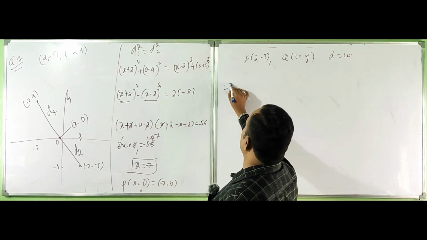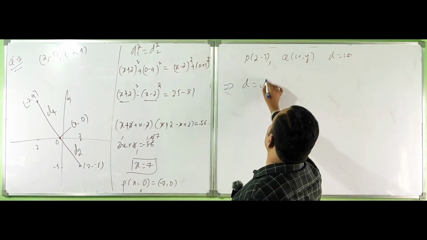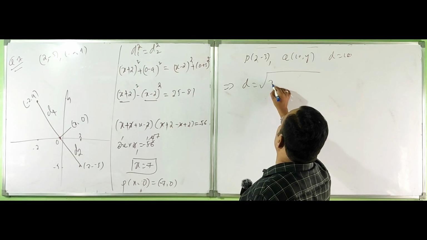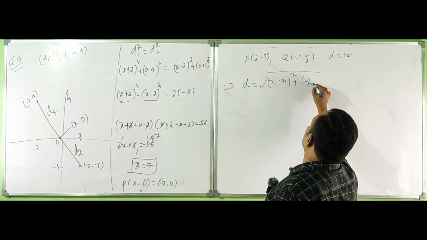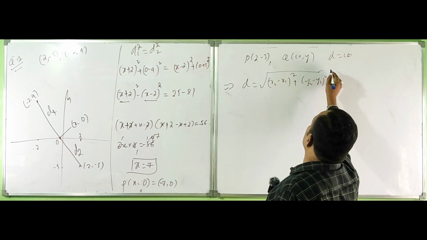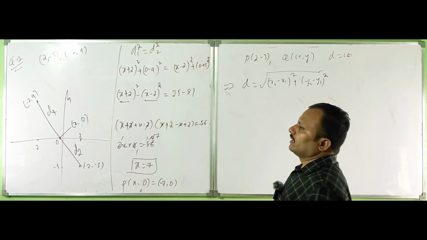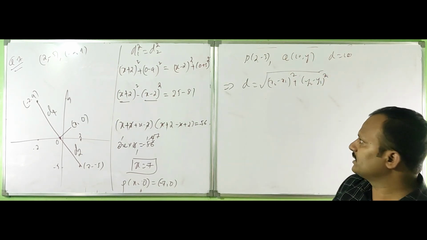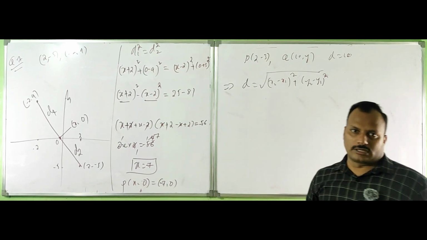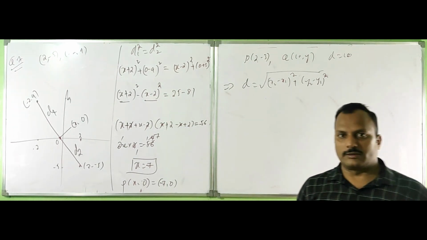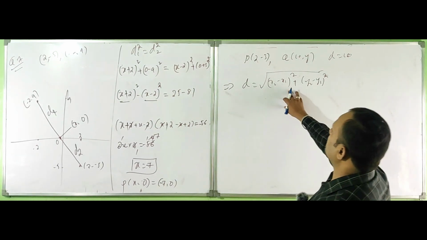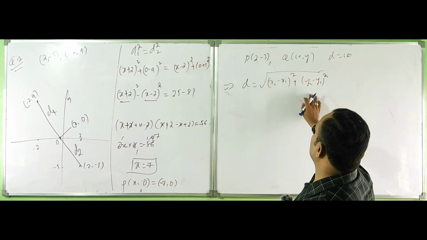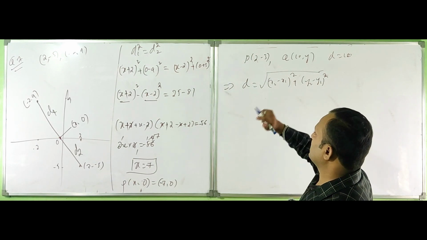Okay, apply the formula. D is equal to square root of (x2 minus x1) whole square plus (y2 minus y1) whole square. See, in exam we don't need to write this formula for 1 mark questions, MCQ questions. For 2 mark and 3 mark questions, you can apply the formula. I consider x2 is 10, x1 is 2, y2 is y, and y1 is minus 3.